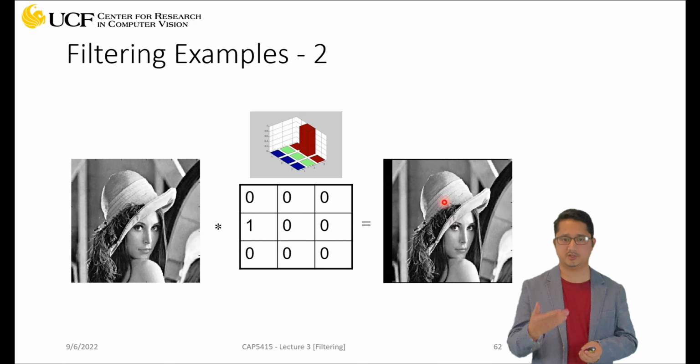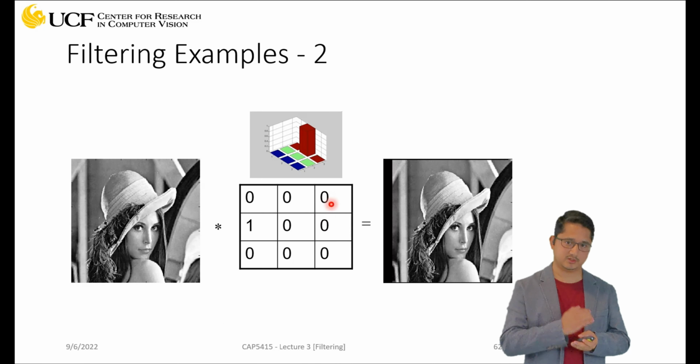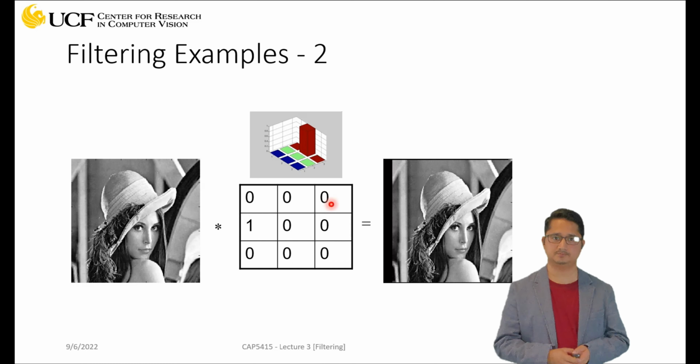So now you know that using this kind of kernel, you can perform shifting in your images, which is very interesting because this is a very simple kernel. Similarly, you can have the one at any other location and perform shifting. For example, if you have one over here, it means that you are shifting the image diagonally.